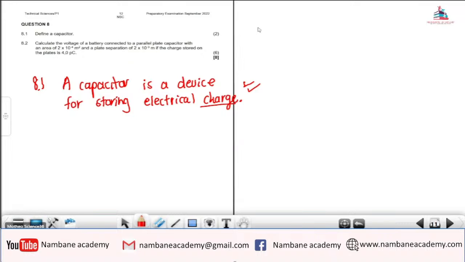Now, 8.2. Calculate the voltage. Voltage is which formula? It's got to do with this formula, yeah. It's 6 marks. We'll check now what we have to do. Calculate the voltage of a battery connected to a parallel plate capacitor with an area of 2 times 10 to the power negative 4 meters squared.